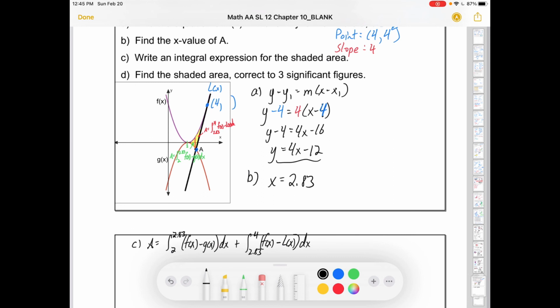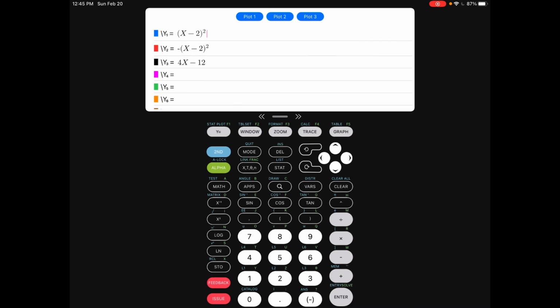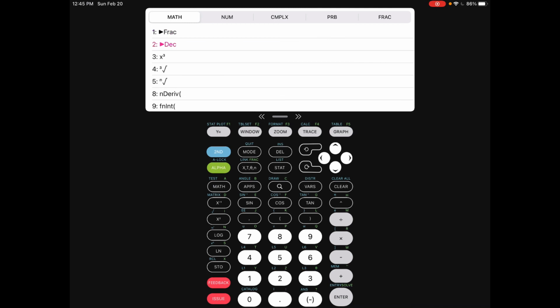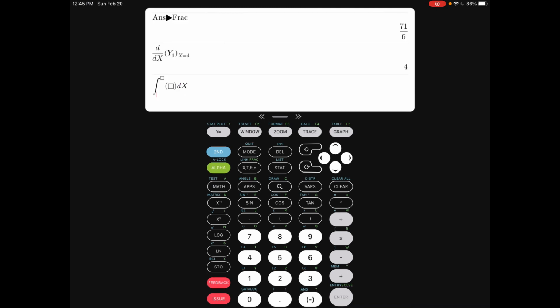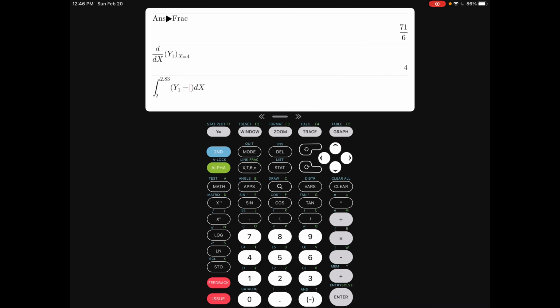The last question is to actually find this, so clearly that's going to involve our GDC. I'm going to put my y1 back in. That's f of x. So y1 is f of x, y2 is g of x, and y3 is L of x. And now I can just go math, fn int. So it's between 2 and 2.83 of y1 minus y2.